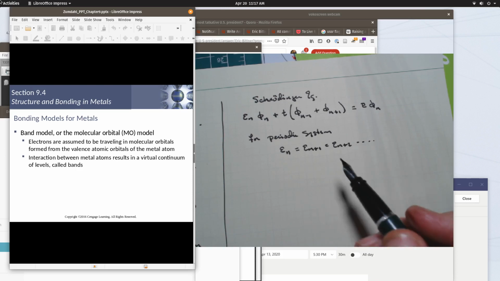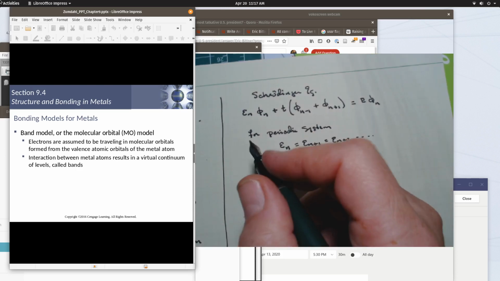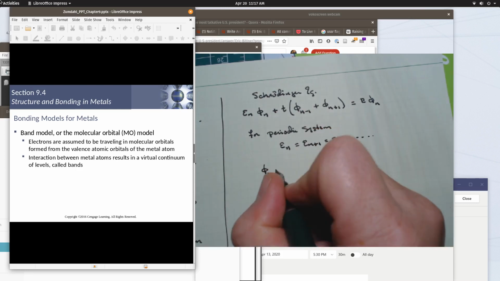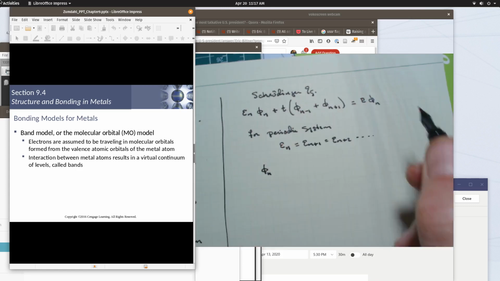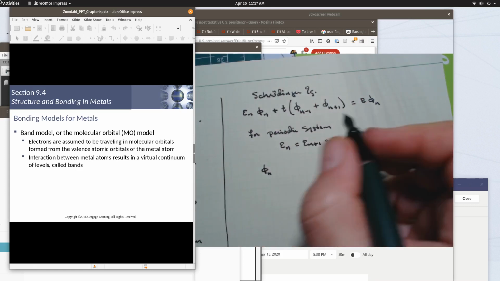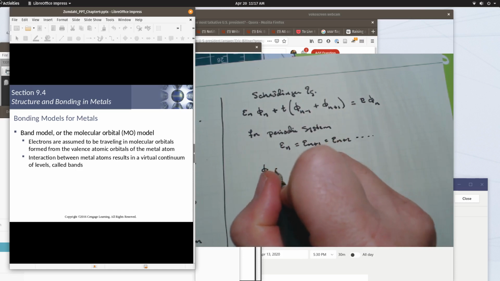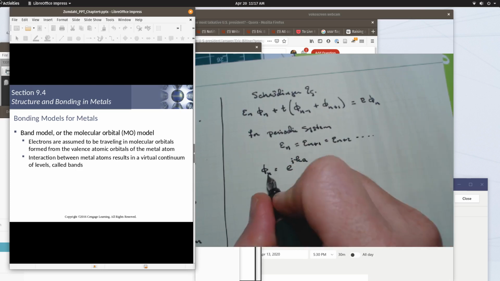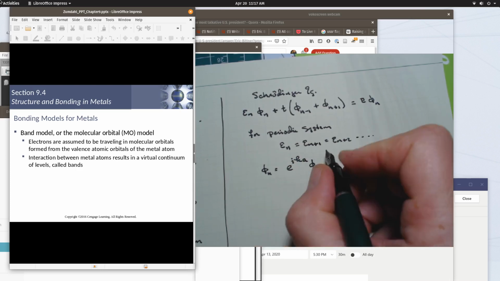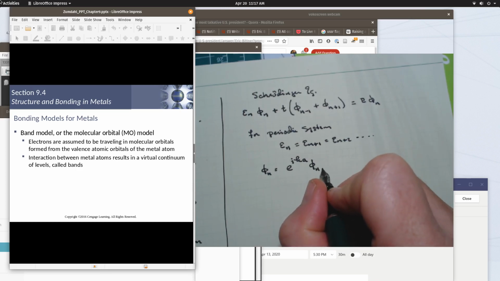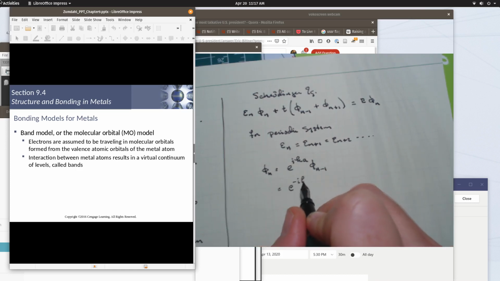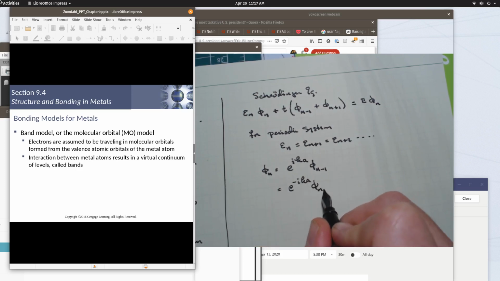All the atoms are identical, and the other thing which I can say is that phi n is related to phi n minus 1 and phi n plus 1 in the following way: phi n is equal to e to the i k a times phi n minus 1, and it's equal to e to the minus i k a times phi n plus 1.